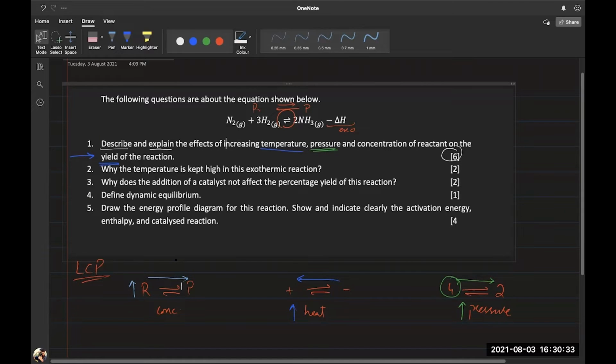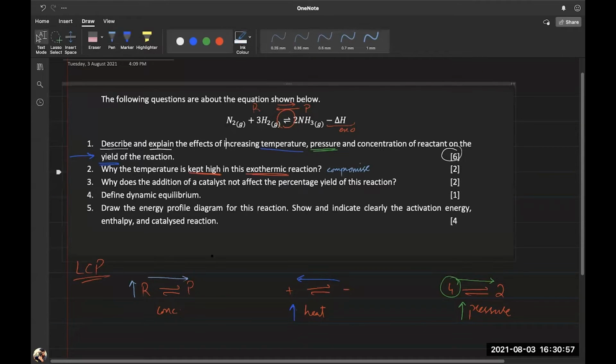All right, question number 2. Why is the temperature kept high in this exothermic reaction? It's important to understand why this question is so important. The temperature is kept high even though it's an exothermic process. We just talked about how if I increase the heat, it's going to go back. Yield will be lower, but for some reason, we still keep the temperature high. So there's the idea of compromise.